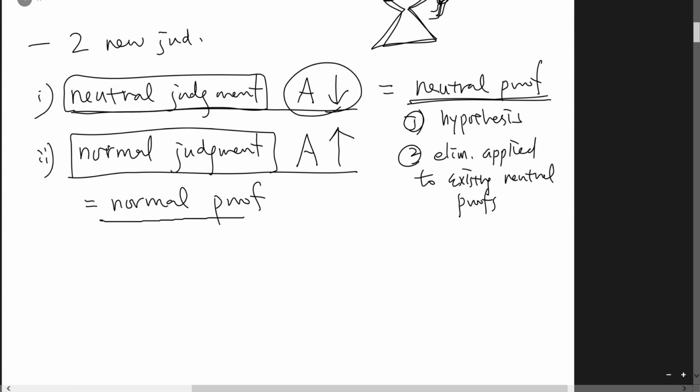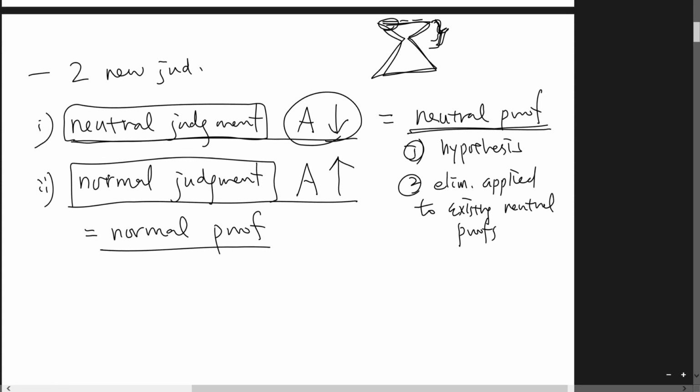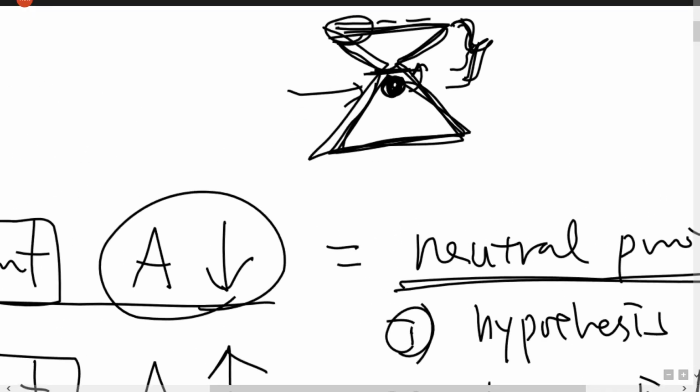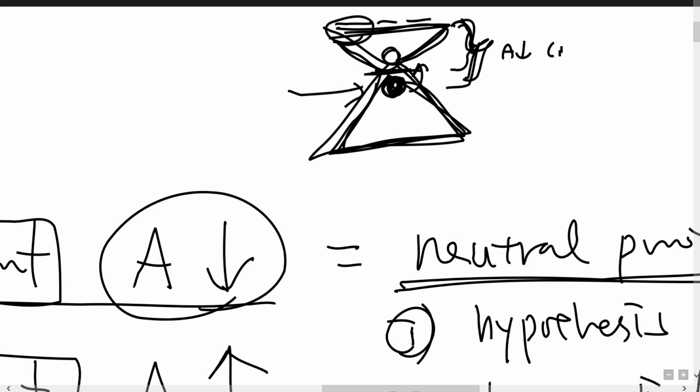And the definition of normal proof is basically what we see in the lower half of this hourglass. So first, this one that lies at the intersection of the upper half and lower half is counted as a normal proof. Right above here, we have a down arrow or neutral, and here we will have an up arrow.